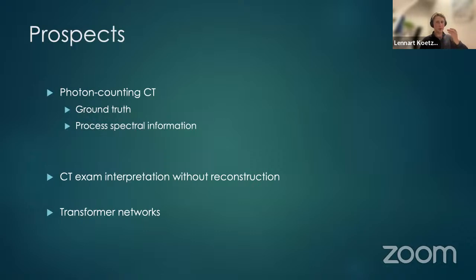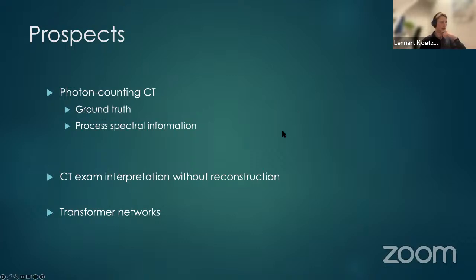For example, if we acquire a photon counting CT scan with 4 energy bins, this will result in roughly 4 times the data compared to conventional CT. And to process this increased information, we need more complex models. And I think deep learning has a big potential here.